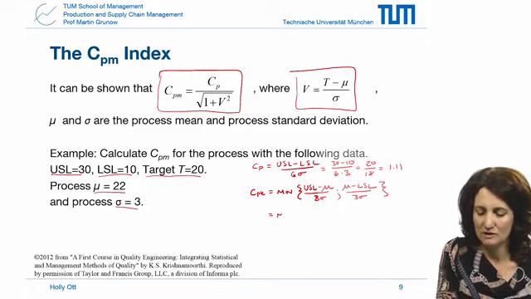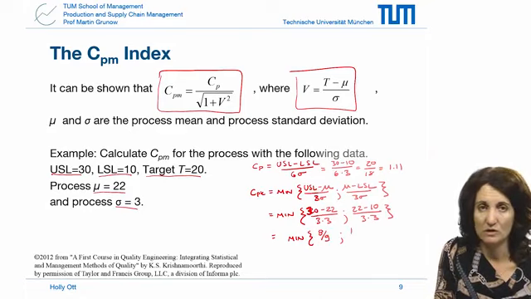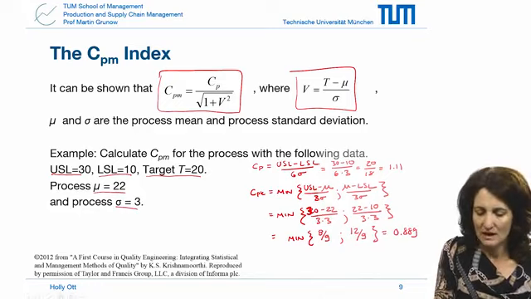And so that's equal to the minimum of 30 minus 22 over 3 times 3, or 22 minus 10 over 3 times 3, which is the minimum of 8 over 9 or 12 over 9. Everyone following this? That is equal to 0.889.